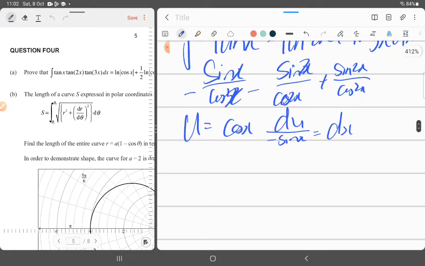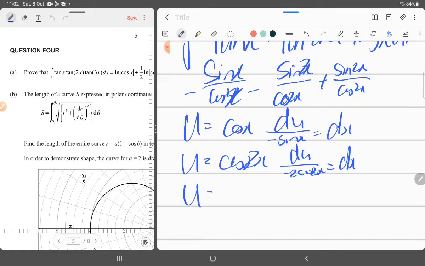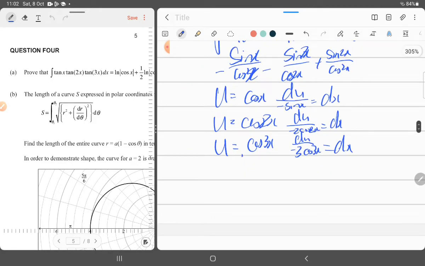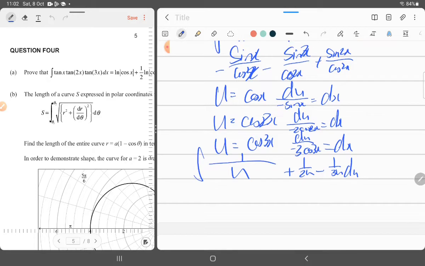So u equals cos 2x, du over negative 2 sine 2x equals dx. u equals cosine 3x, du over negative 3 sine 3x equals dx. So 1 over u, take away half u, plus half u, take away 1 over 3u du into all of that.